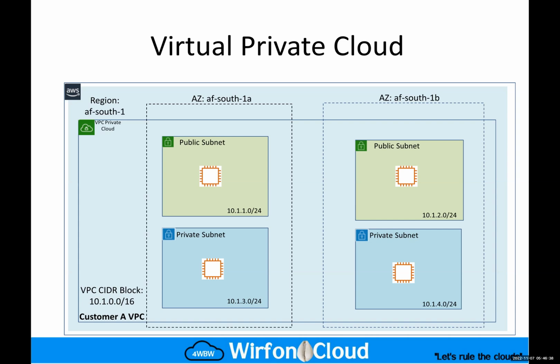Regions in AWS have names like af-south-1 when you are creating them. So bearing in mind that a VPC is a regional service, when you create a VPC, it will cover an entire region.